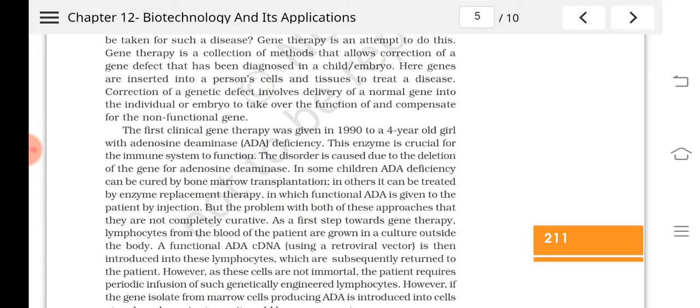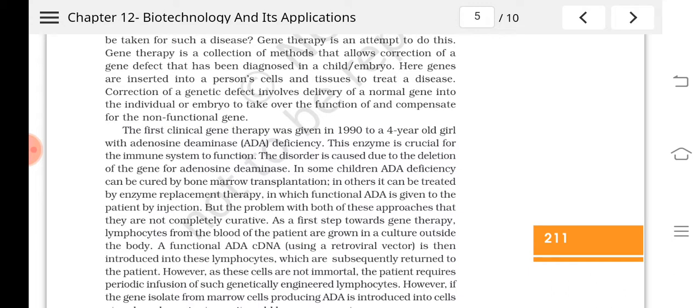What is the function of this enzyme? This enzyme is crucial, very necessary for the immune system to function. For the functioning of the immune system, what is needed? Adenosine deaminase. As adenosine deaminase is not produced in a child or any person suffering from this kind of disease, their immune system will not work.